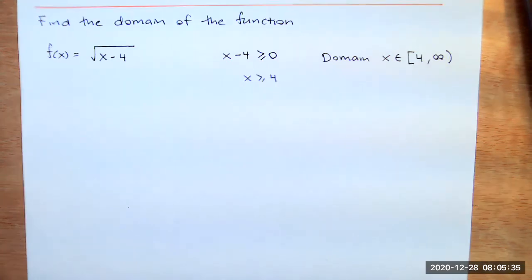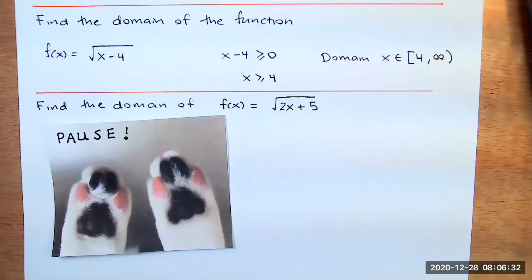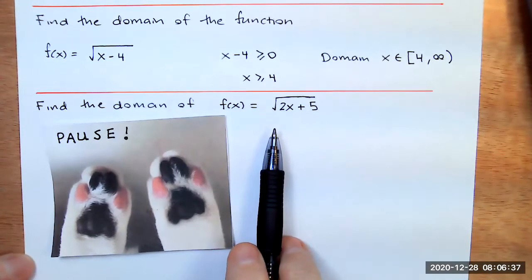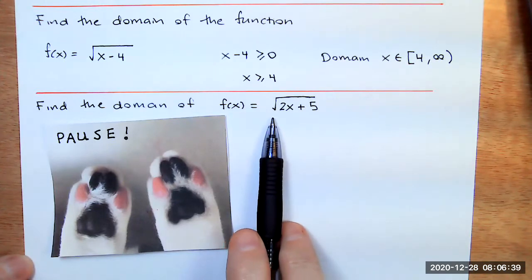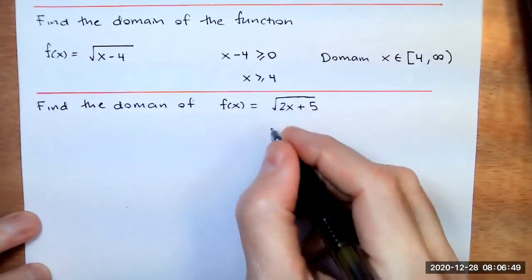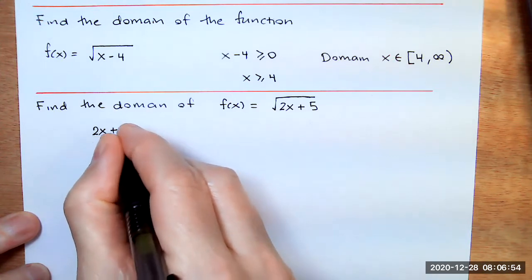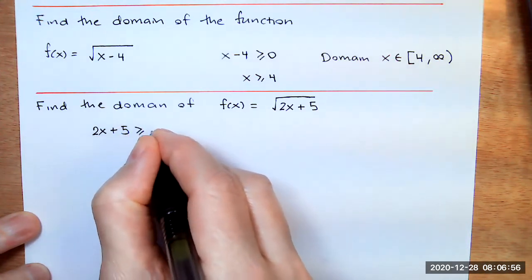Let's try another. All right, so can you find the domain of f of x equals the square root of 2x plus 5? I would hit pause and try that one on your own. All right, so all we need to do is make sure that 2x plus 5 is greater than or equal to 0.